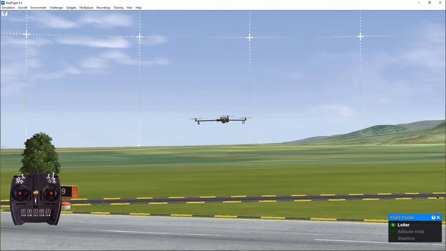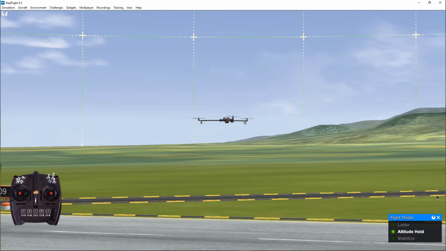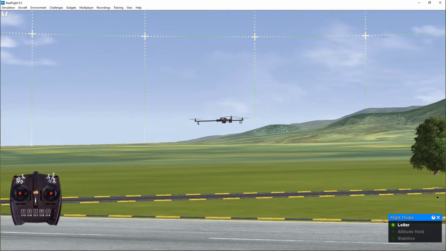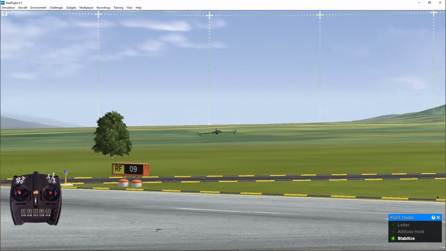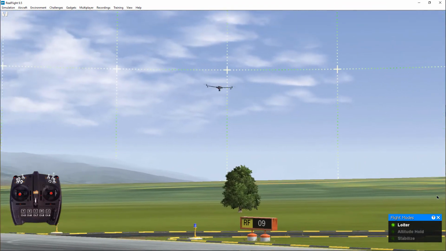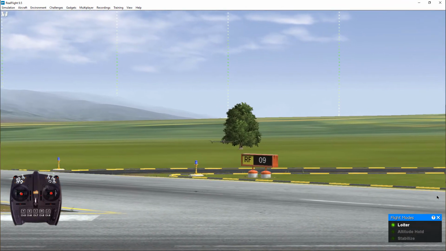So loiter is the mode we teach in. Alt hold is a mode that's used definitely in commercial flight. And stabilize is the advanced mode, but the aircraft is very, very free. In loiter mode, the aircraft is very much like in safe mode with the fixed wing.